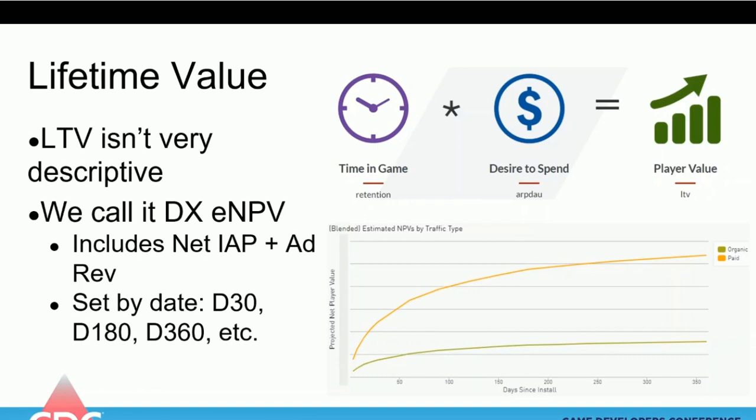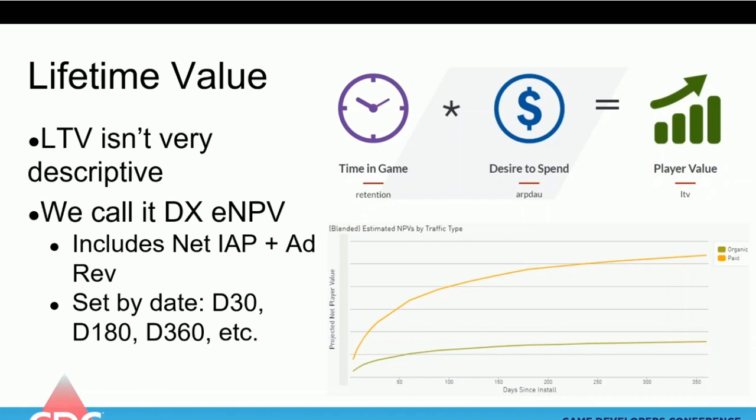But no matter which method you use, it's important to make sure that everyone on your team is using the same method. At Kongregate, we've actually renamed LTV ENPV, which stands for Estimated Net Player Value. It lets you know that it's estimated, as opposed to what we've earned so far, and it also lets you know that it's net, not gross.